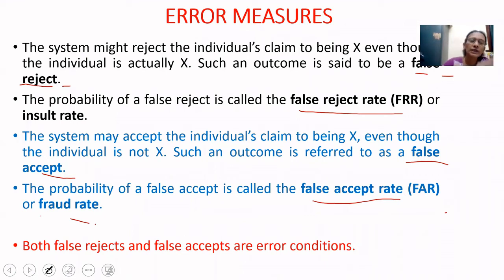Both insult rate and fraud rate should be as small as possible, because both false rejects and false accepts are error conditions. We don't want to accept a person who is not X as X, or reject a person X wrongly. So a biometric system should have a low insult rate and a low fraud rate.